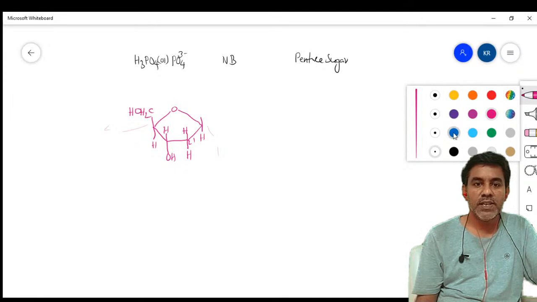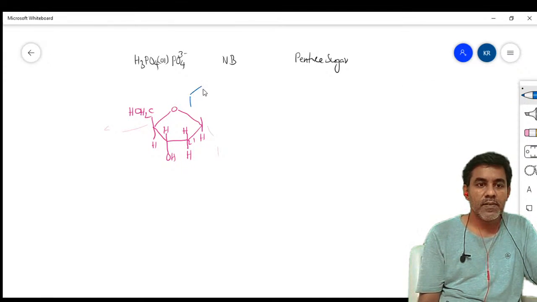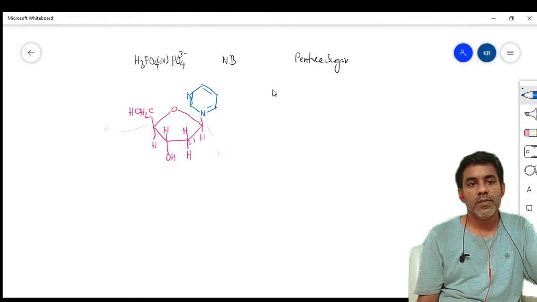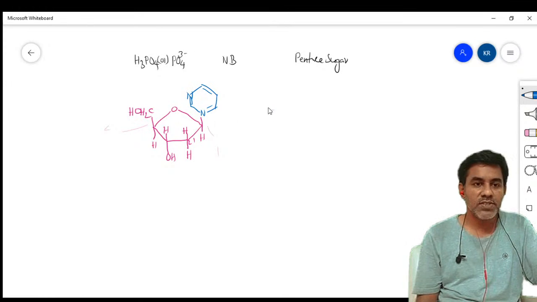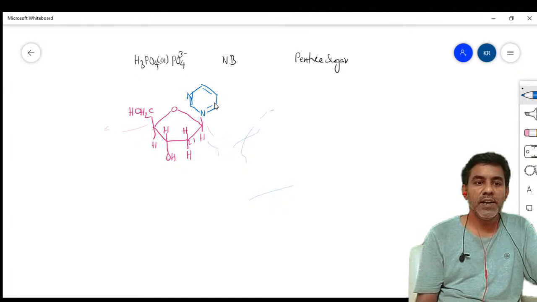So for my convenience I am taking a pyrimidine here. So I have drawn only the general structure. So this is the general structure. So coming to the phosphate atom. Here in between the sugar and nitrogen base, you are observing the bond.